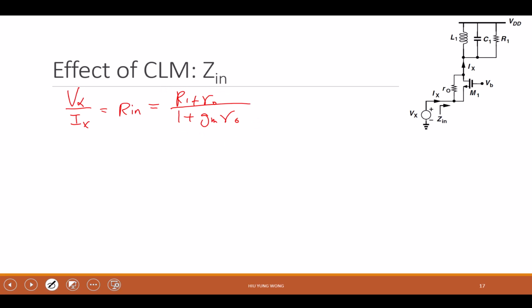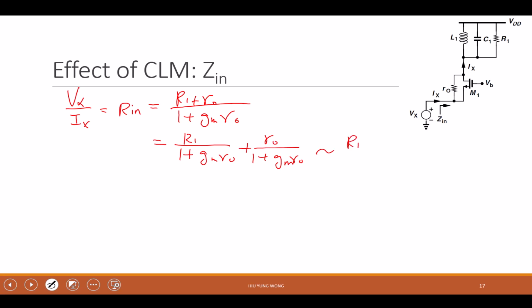Let's try this, right? So I'm going to decompose this into R1 divided by 1 plus GM R0 plus R0 divided by 1 plus GM R0. So usually, GMR0 is much larger than 1.